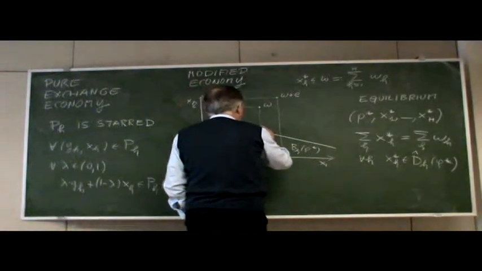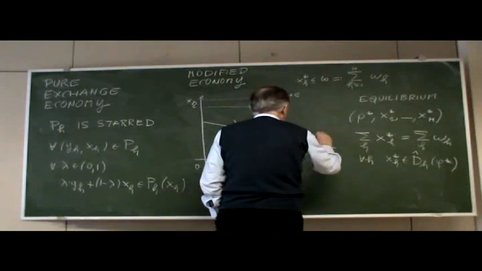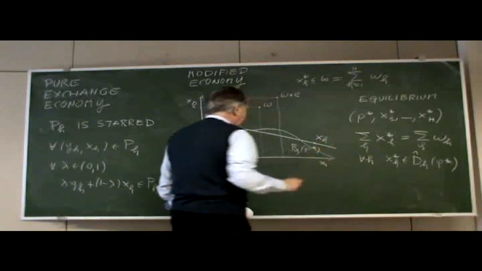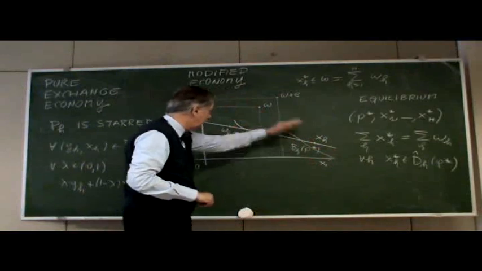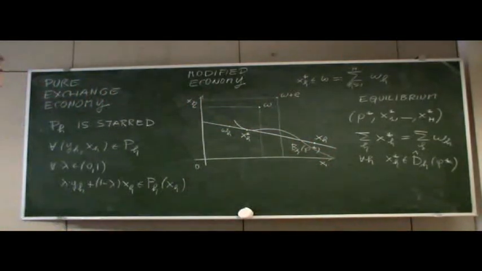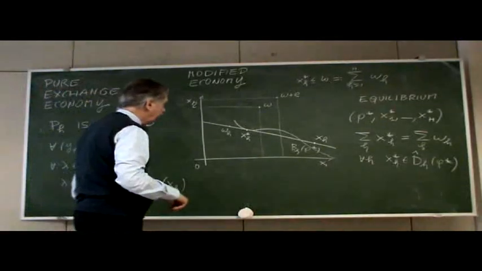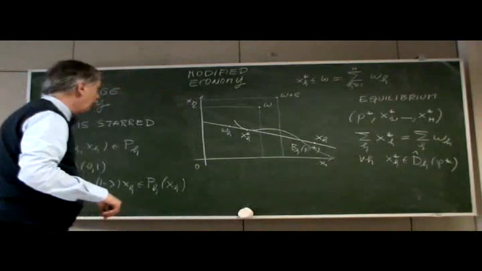So you must have something like this. There is a bundle XH in the real budget constraint which is preferred to X star H. Is it clear?